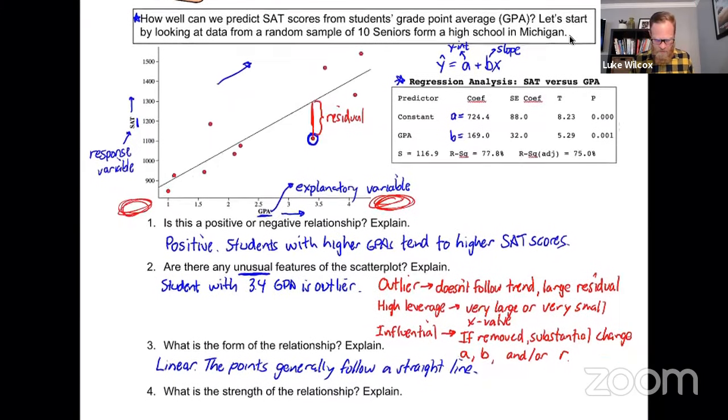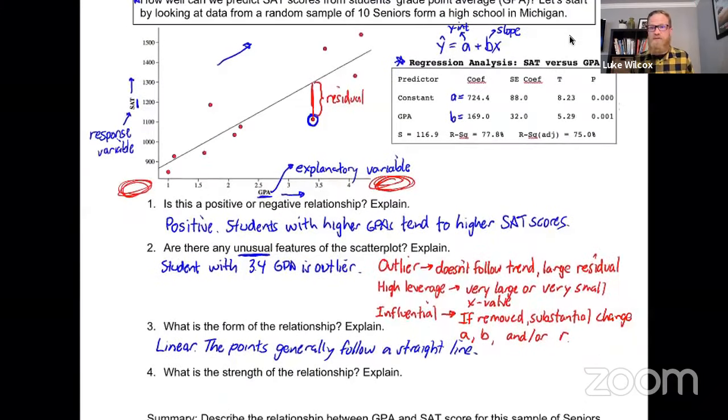All right, let's move on to question number 4, which says, what is the strength of the relationship? So here's the deal with this one. Once you have decided your form, and for us that was linear, the strength is an indication of how closely all of those points fit with the form that you have selected. Because we've selected the linear form, we want to know how closely all of these dots fit that particular line. While there are some that are above the line and some that are below, they are generally fairly close to that line of best fit.